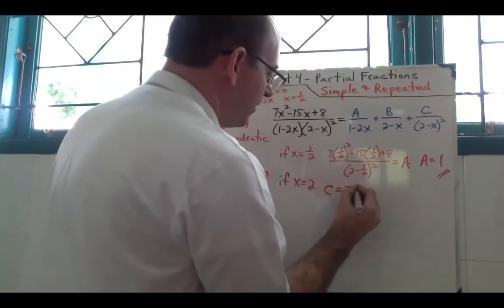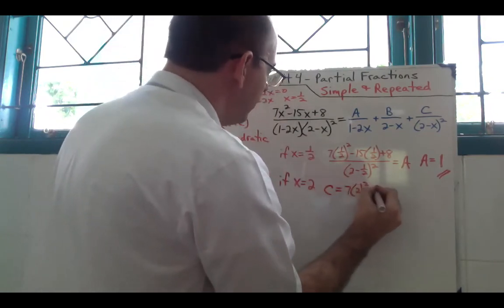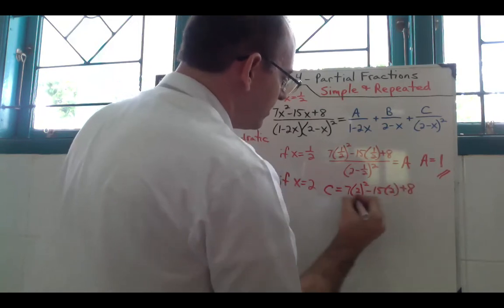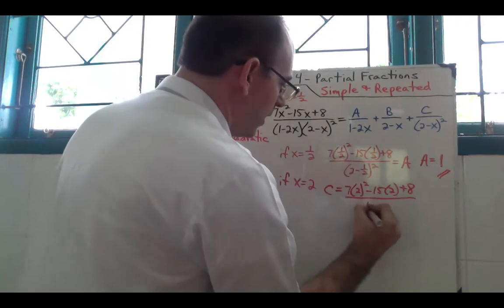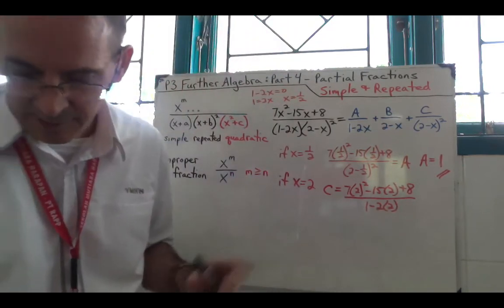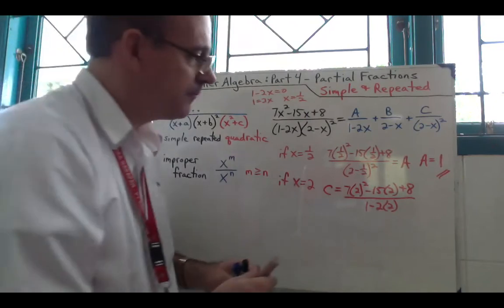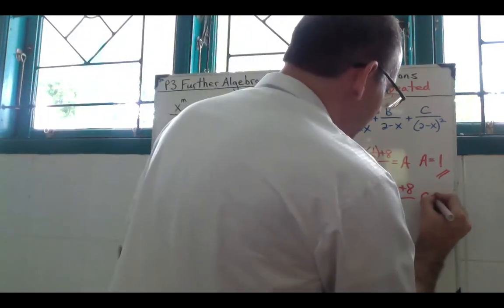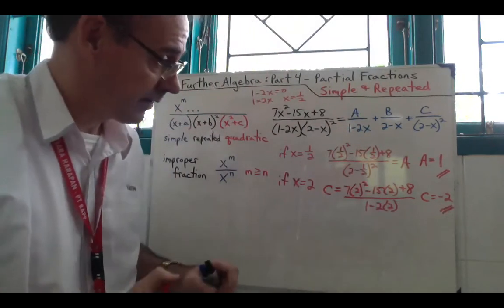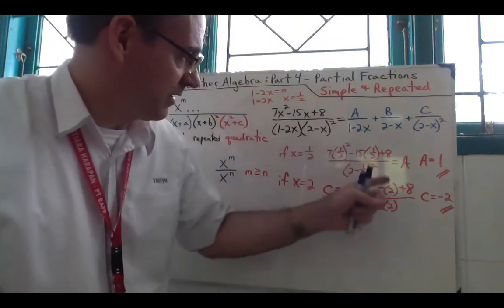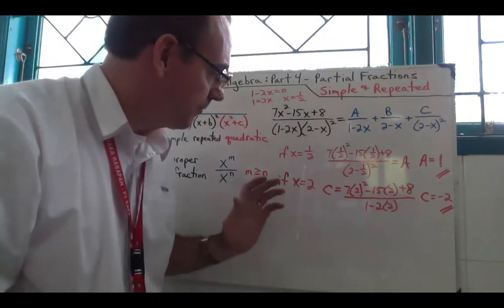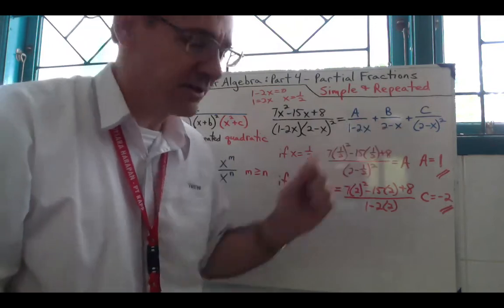So 7 times 2 squared minus 15 times 2 plus 8 all over 1 minus 2 times 2. And when we solve that on your calculator for C, you're going to get C equals -2. Okay? So you just run this through your calculator, get C equals -2. For that, now we can go back to the B.